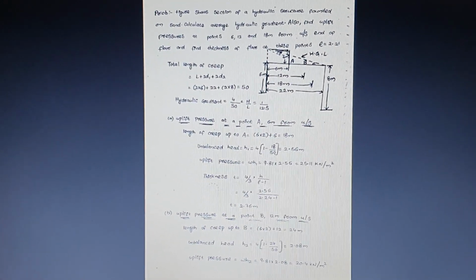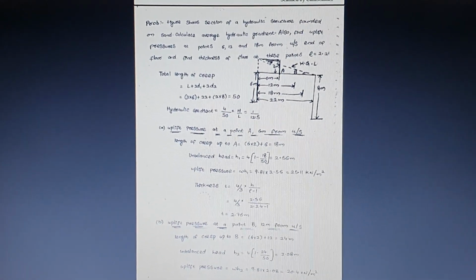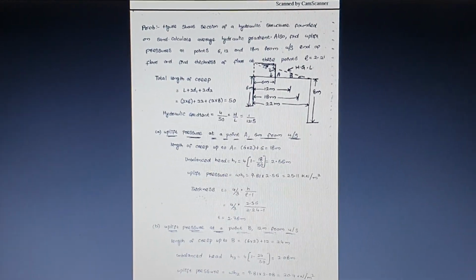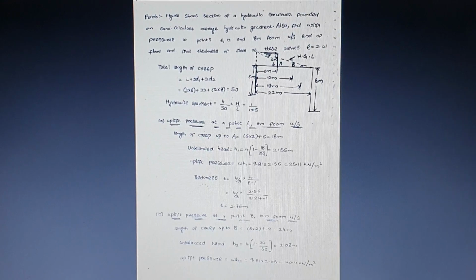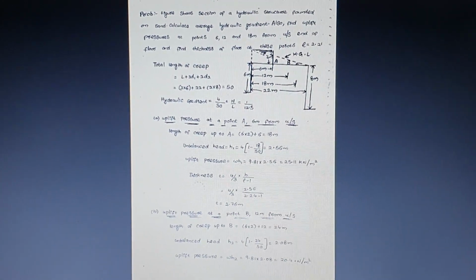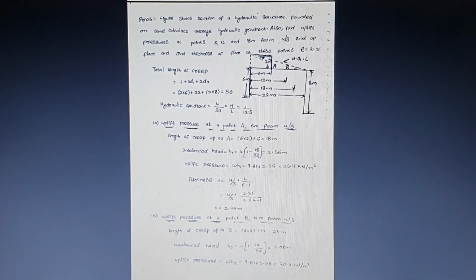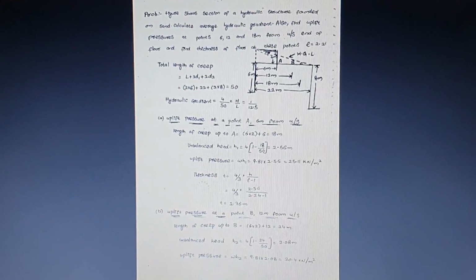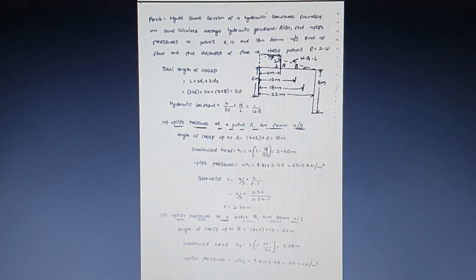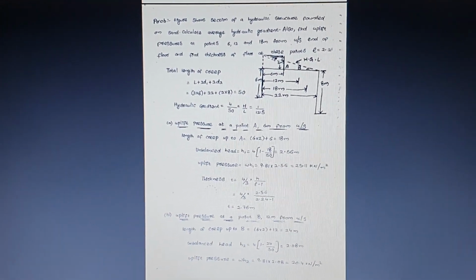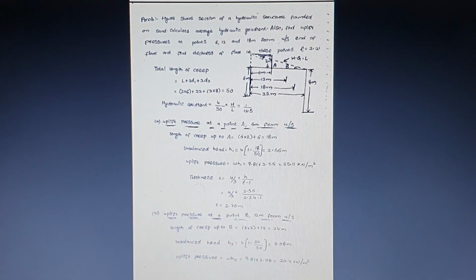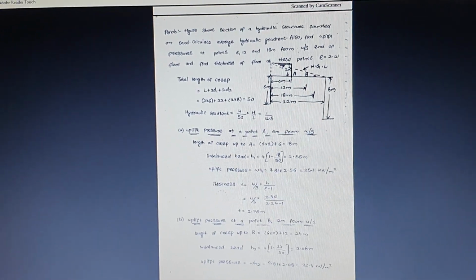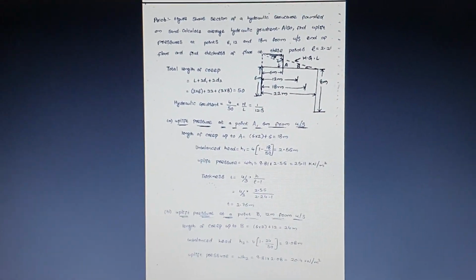Substituting the values, the total length of the creep is 50 meters. Sorry, I forgot to write the meters. Please do not forget to write the units. Next, the hydraulic gradient is the hydraulic head divided by the total length of the creep, which is 1 by 12.5. These are the basics you need for each and every question.